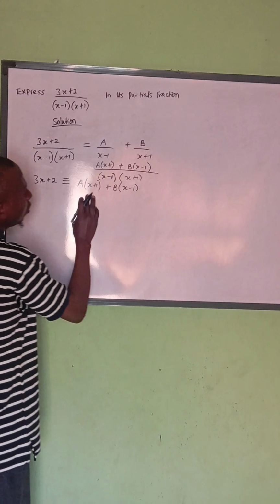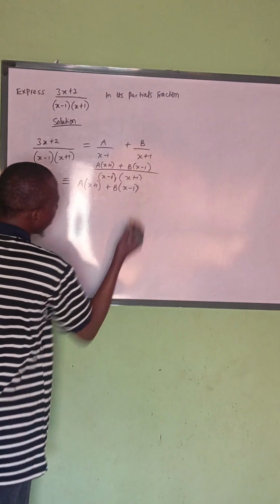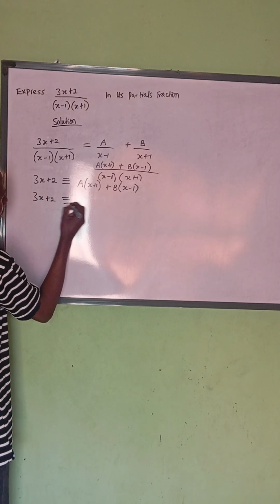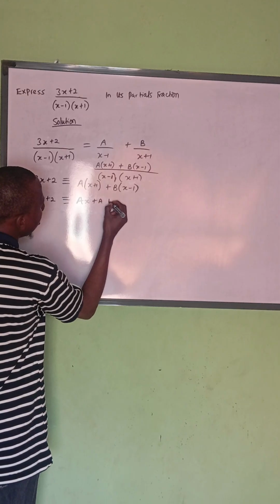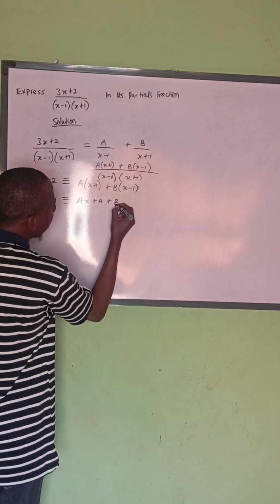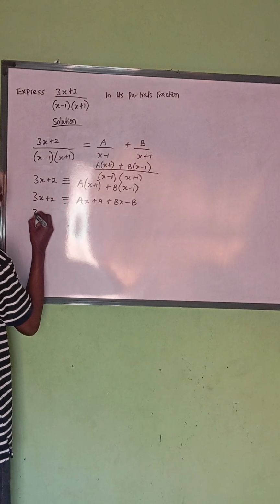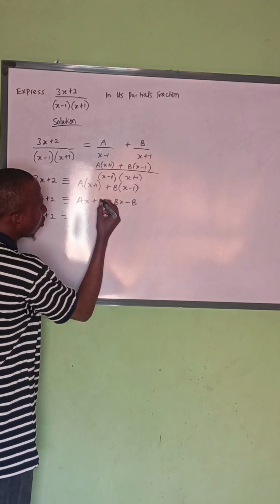Now, we can use the cover up method or comparing the coefficients. Let's use the comparing the coefficients method to solve this. So we have 3x plus 2 is equivalent to, let's expand this. We have Ax plus A plus Bx minus B. Now don't forget we want to use comparing the coefficients.